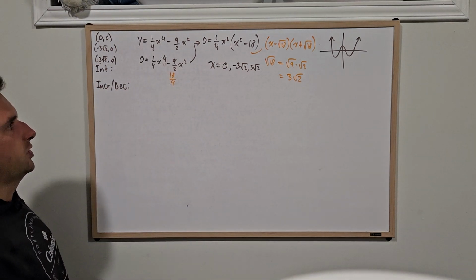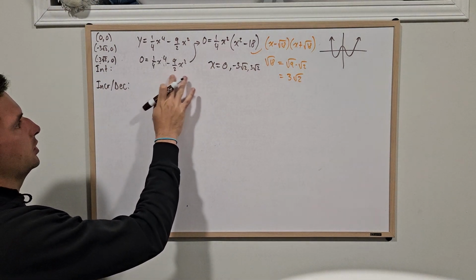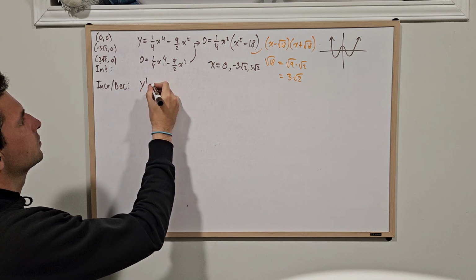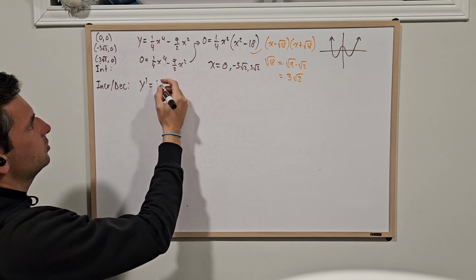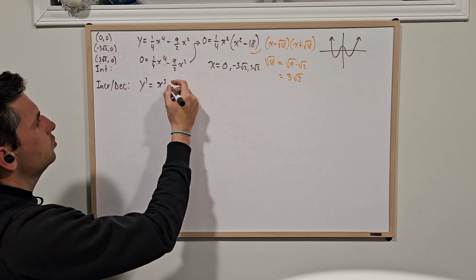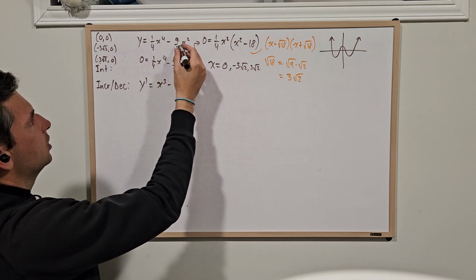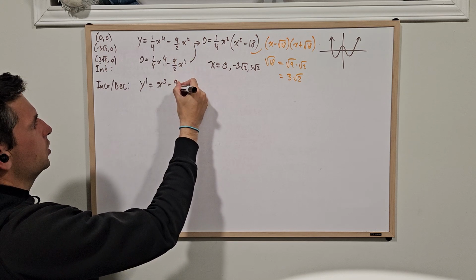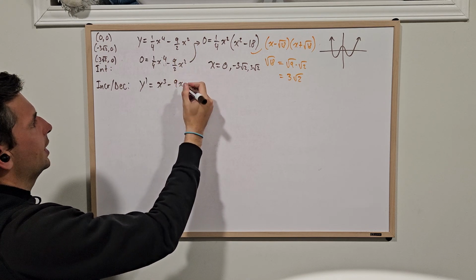Now we're going to be doing our intervals of increase and decrease. In order to do that, let me just erase this right here. We need our first derivative, right? Bringing the 4 down, 4 over 4 is going to cancel out, so we're going to have x cubed minus, bringing the 2 down, 2 divided by 2 is going to be 1, so that's going to cancel out as well, so we have 9x.